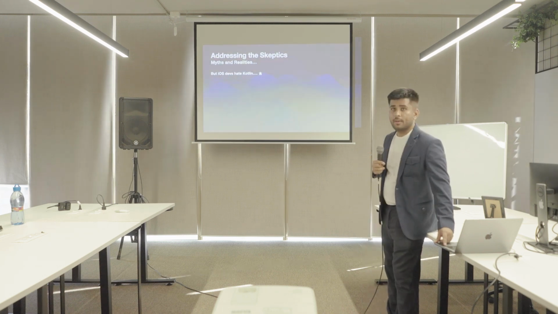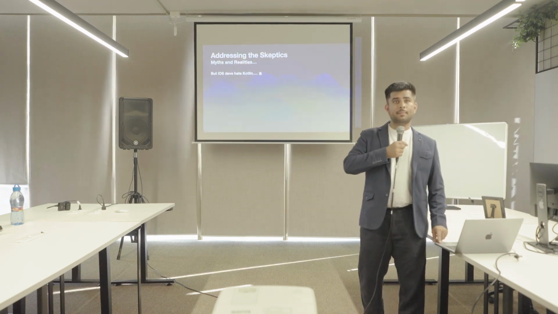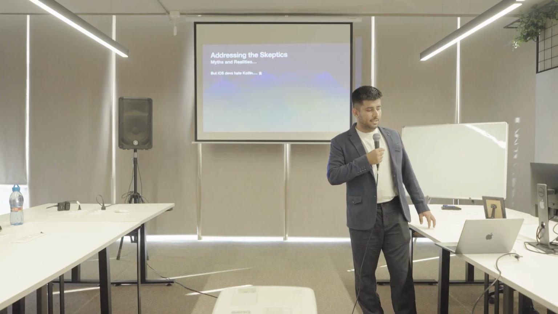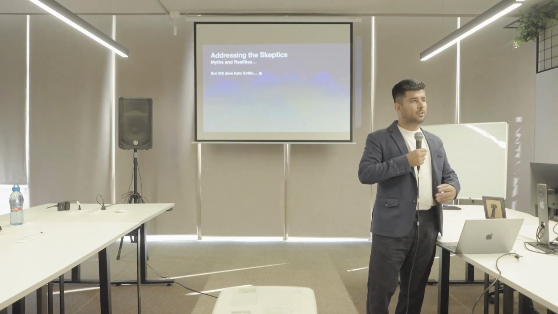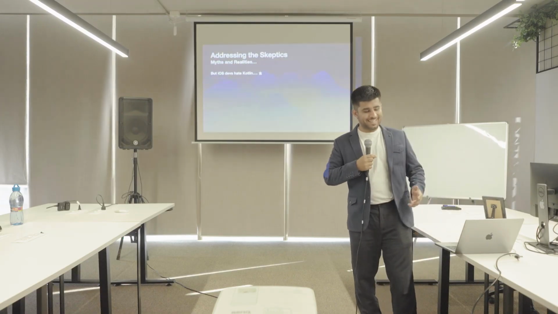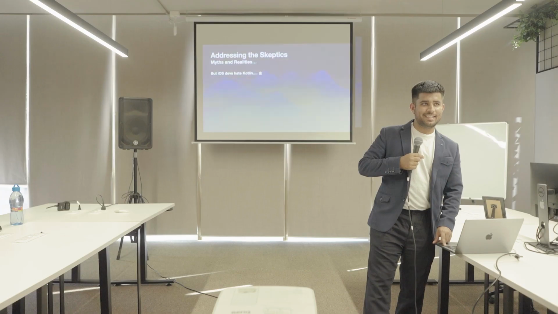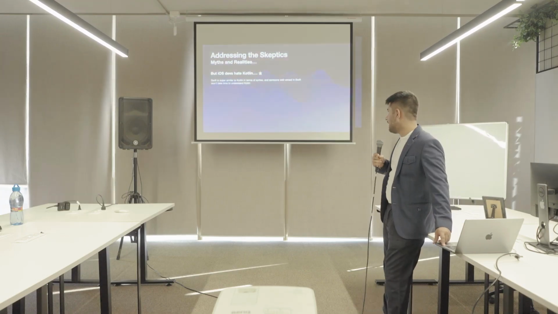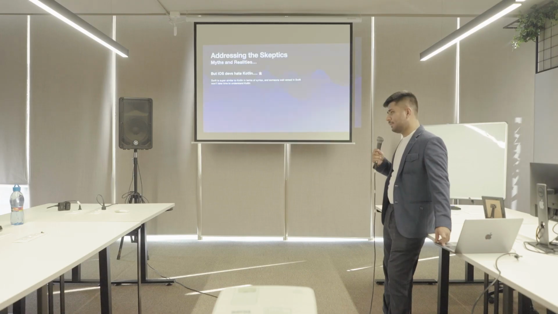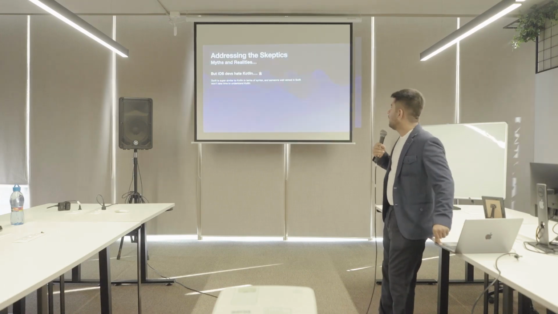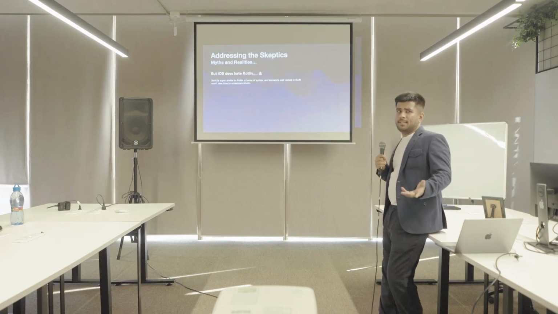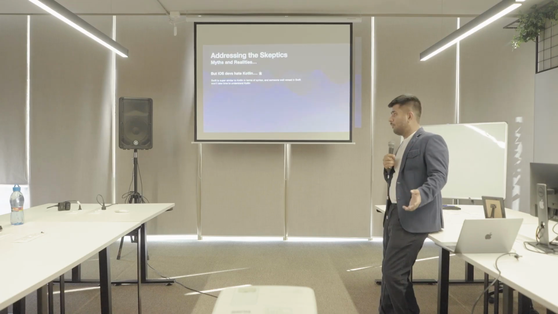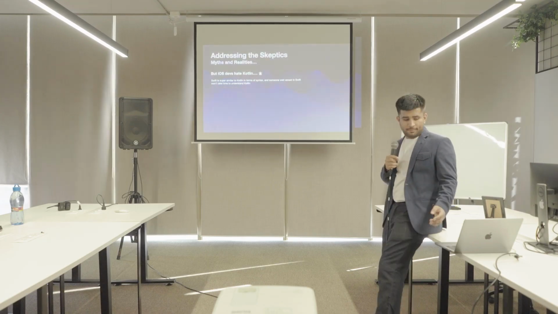But yeah, iOS devs hate Kotlin. If you've been in a team and tried to pitch them, hey bro, let's write Kotlin, come write Kotlin with me, they're going to hate it. They would rather say, come write Swift with me. Swift is actually super similar to Kotlin. This is an argument you can use. Honestly, it doesn't take much time for someone who already knows Swift to learn Kotlin.